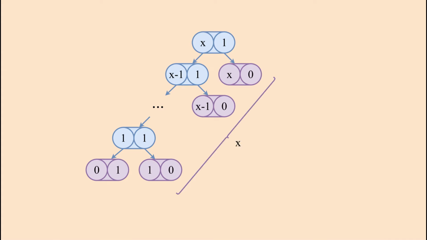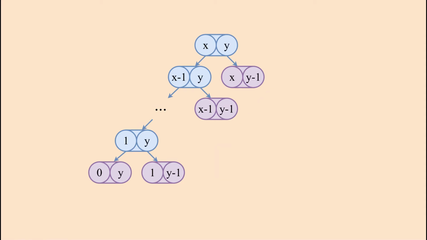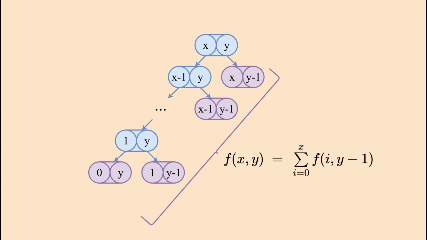This gives us x plus 1 arrangements for x cards in one pile and one card in the other. In fact, the following pattern holds for x cards in one pile and y cards in the other. The following recursive sum expresses the amount of arrangements we can get in a shuffle.